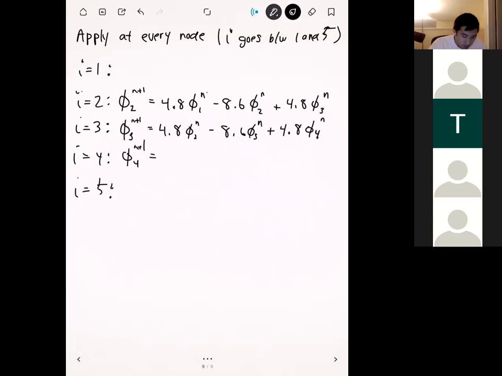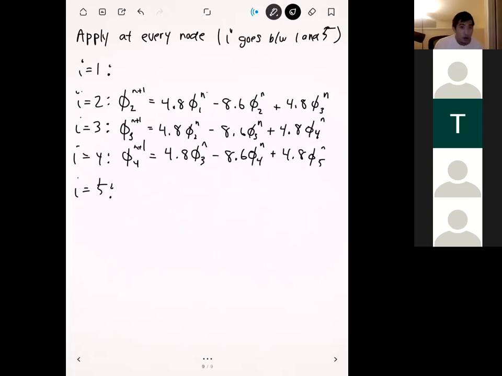And then for the last interior node, phi 4 at n plus 1 is equal to 4.8 phi 3 n minus 8.6 phi 4 n plus 4.8 phi 5 at n. Those are all the interior nodes, and this is very similar to what we've done in the past: once we got our finite difference equation, we just applied it at every interior node that we can.